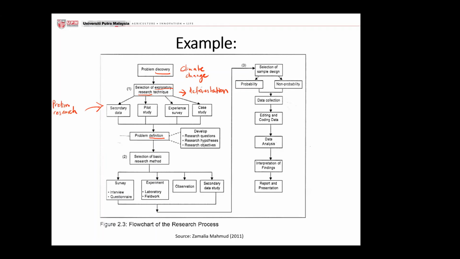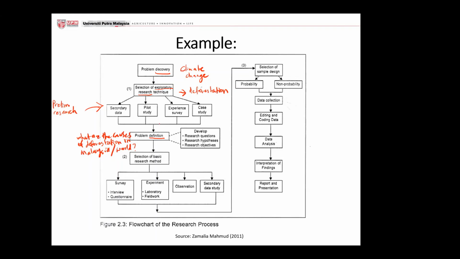This is still at the initial part, right? So problem definition would probably be something like, what are the causes of deforestation in Malaysia, or the world lah, if you want to look at that.